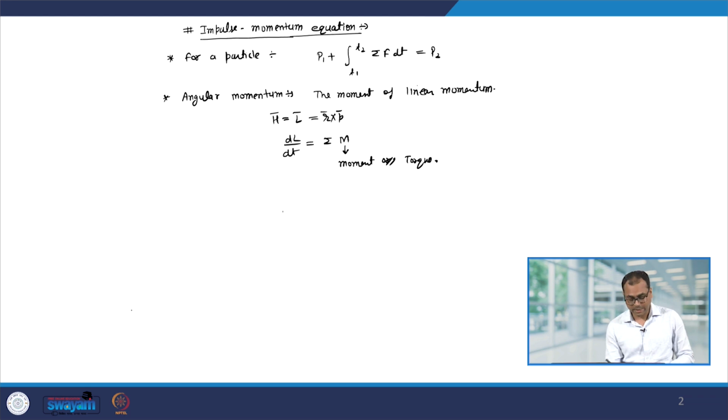So, this I can rewrite as summation M_G, this is about the mass center, equal to L dot, where dot represents the rate of change of that quantity.